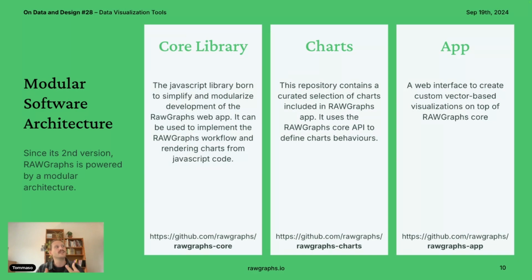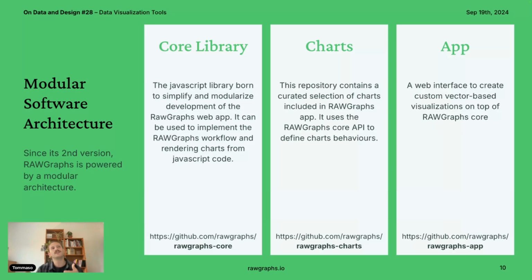This is possible thanks to a new architecture that has been there since the second version, that entails a core library in JavaScript that is born to modularize the entire thing and to perform routines and actions such as data mapping, assigning data types to a dataset column, and setting color scales, for example, and other things that are common to many different visualization templates. And then we have the charts that are exactly those templates I was mentioning before that we made available inside of the tool.